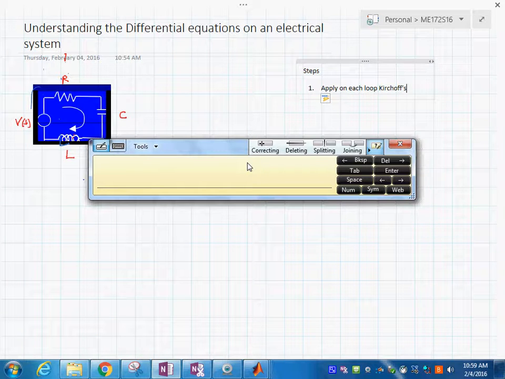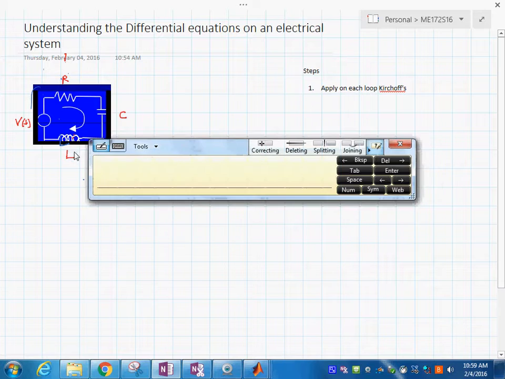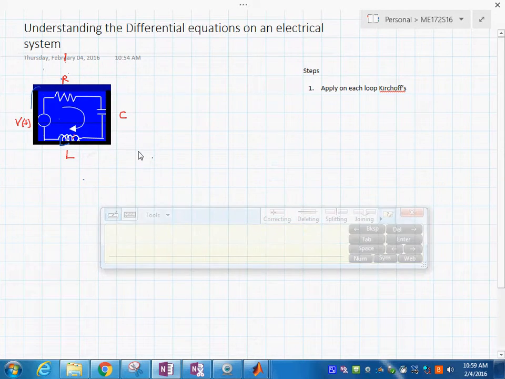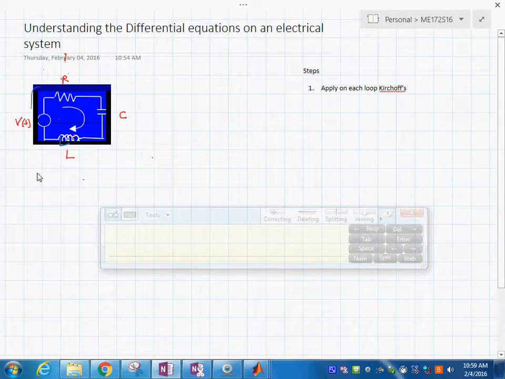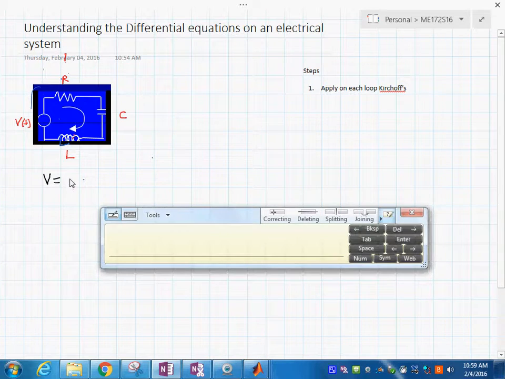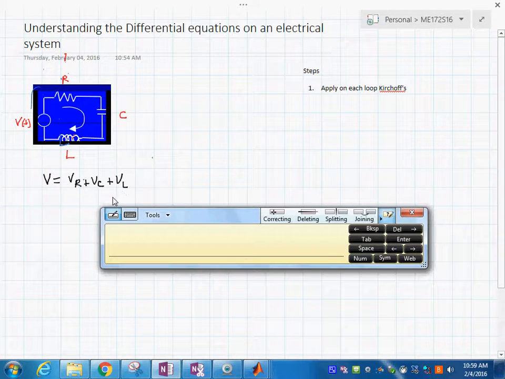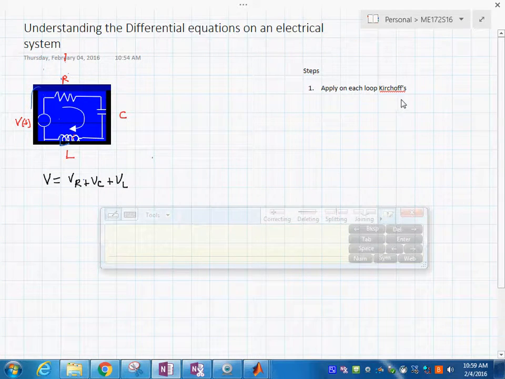So how do we do it in this case? Let's just start over here. In this case, the voltage is equal to the summation of the voltage of the resistor plus the voltage of the capacitor plus the voltage of the inductor. So this is the application of Kirchhoff's laws.